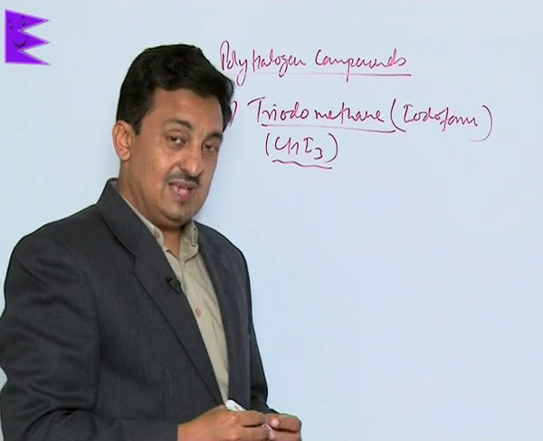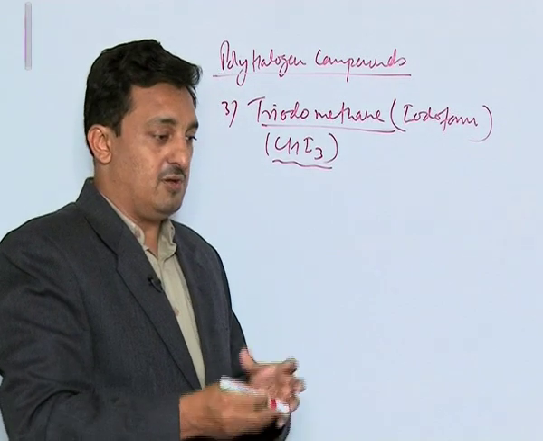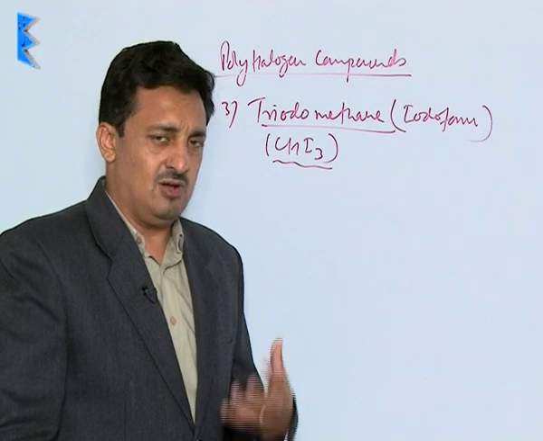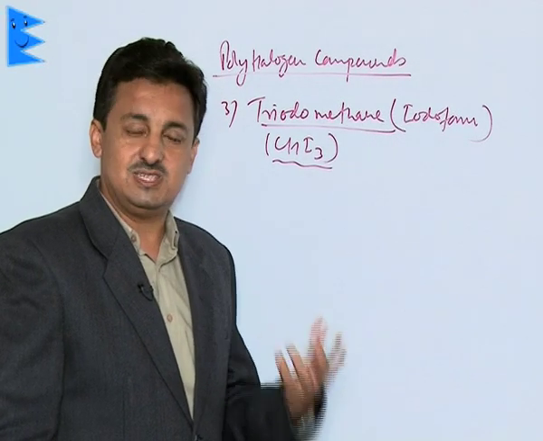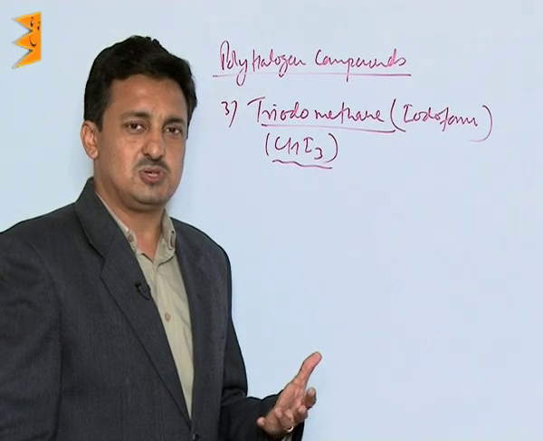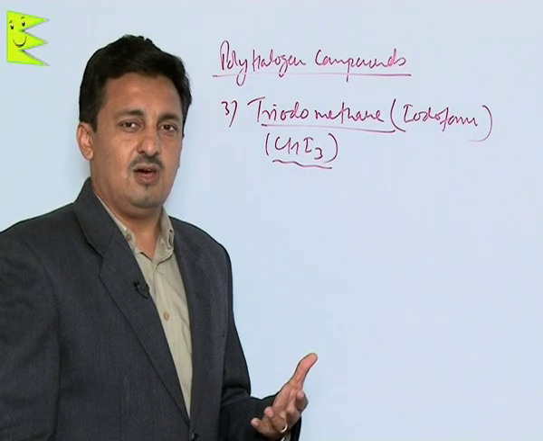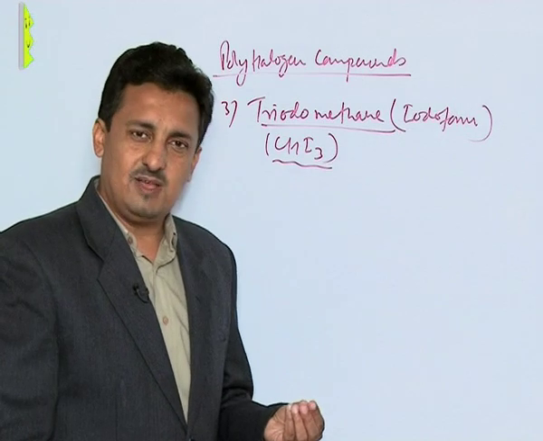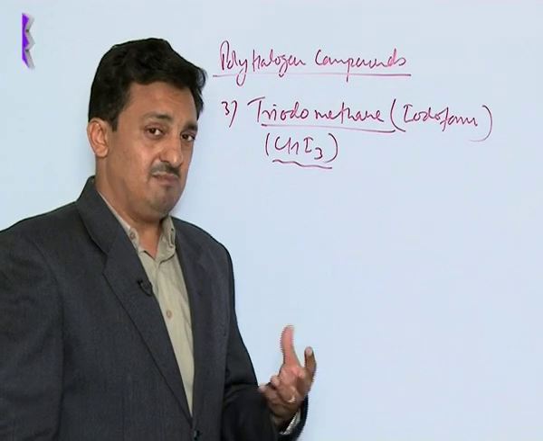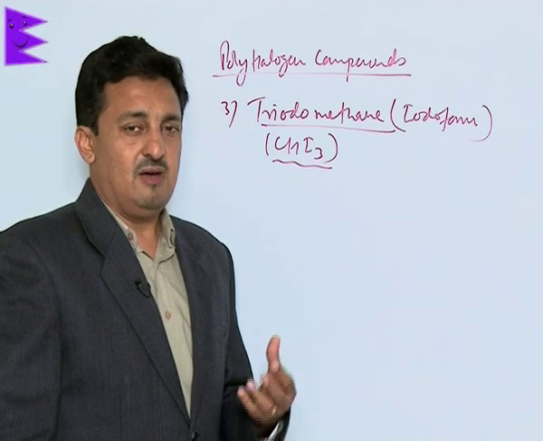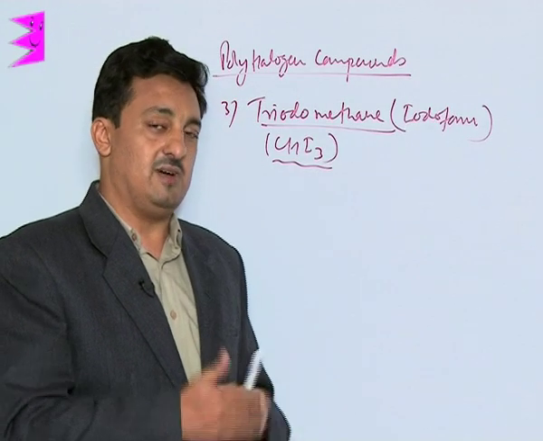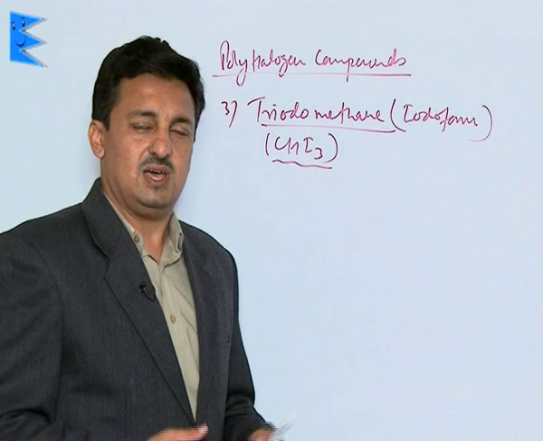We know that it is used as one of the most important organic substances to differentiate between aldehydes, ketones and alcohols. Along with this, it is very good as an antiseptic also. A 2 to 3% solution in alcohol or ethanol was used as an antiseptic because it used to liberate iodine. But because of its very foul smell, nowadays we have substituted it with other compounds which liberate iodine.